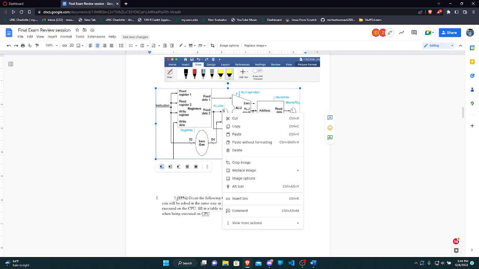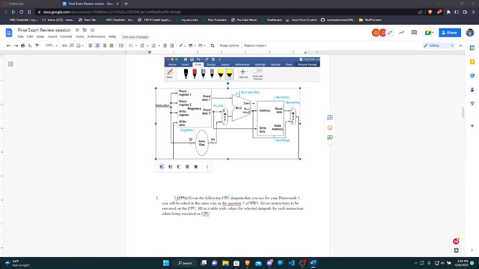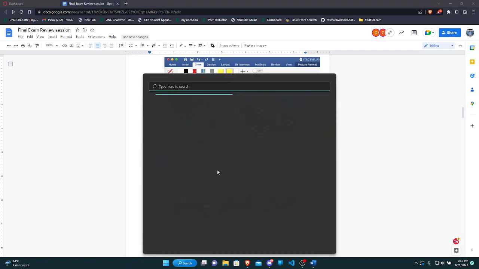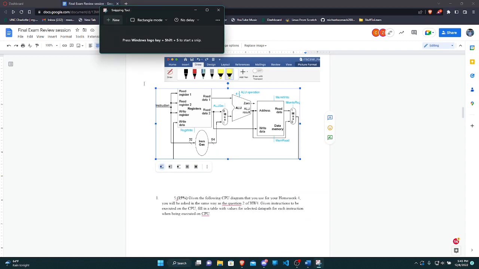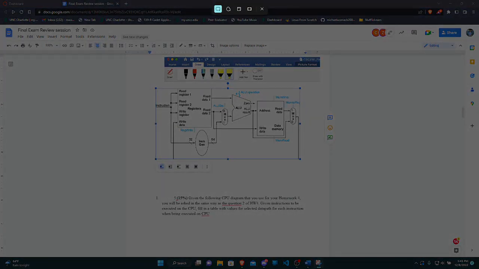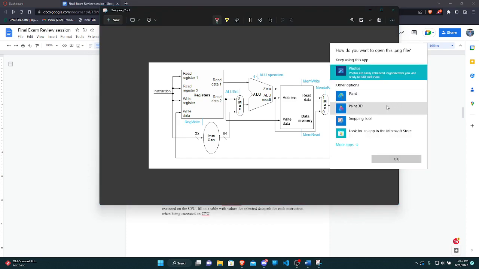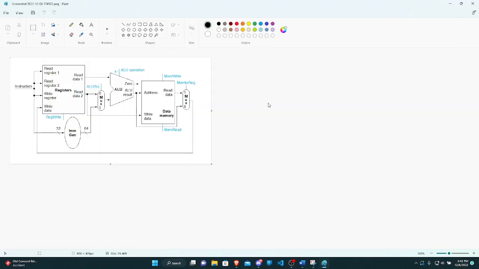Okay, I'll save the image. What's Paint 3D? Okay.